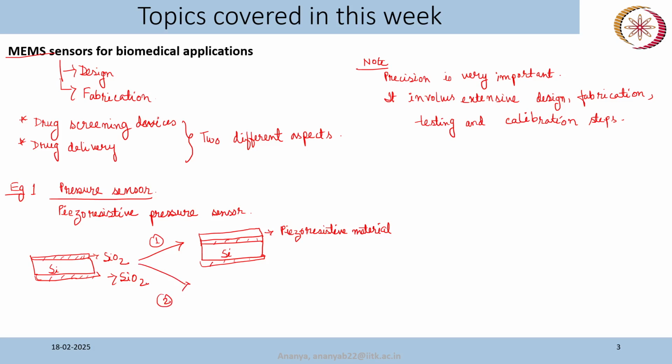Or what you can do is lithography on top of the SiO2 layer, and then etching of the SiO2 layer to make an opening like this. Your backside SiO2 will be the same, and you made an opening of SiO2 here.